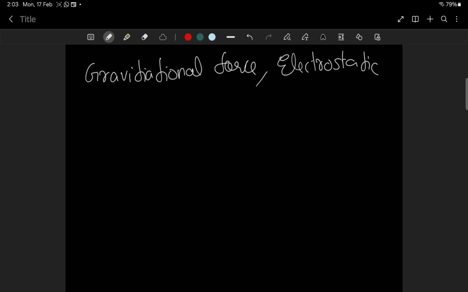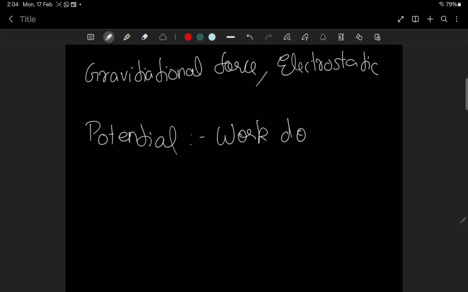Okay. So now we are going to define potential. First of all, what is potential? Potential means, it is work done. Really, its meaning is work done.